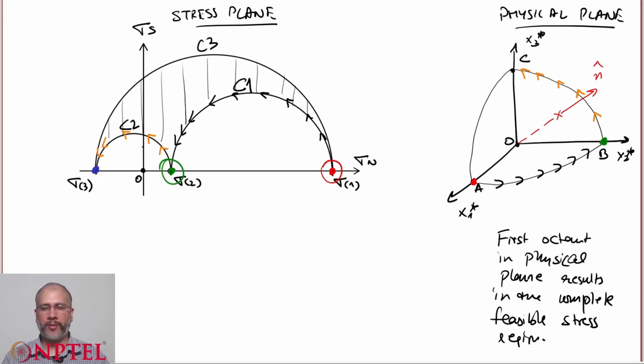And with the same logic, if I move from point C to point A in the physical plane, which is like this, that results in the movement from sigma 3 to sigma 1 in the stress plane.